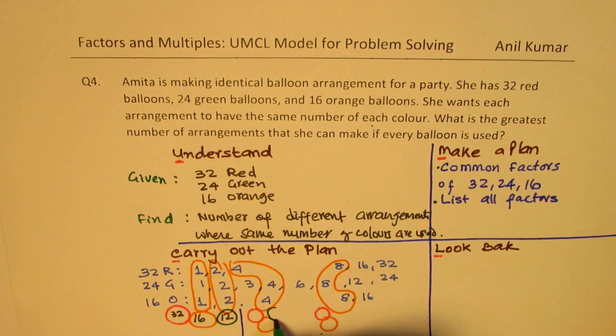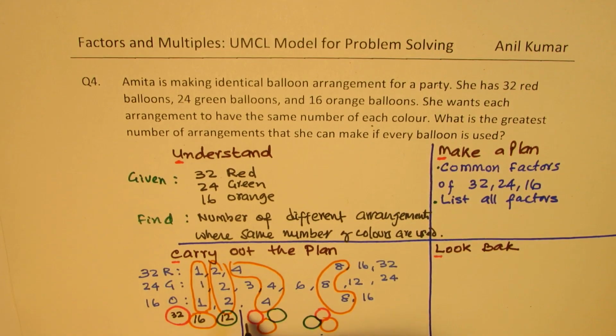In which we have half and half distributed. Correct? That really means we'll have, as far as the red is concerned, we'll take 16 of red, half of green is 12, and half of orange is 8, right? So that is what we're going to do, right? Do you see that? So we get this.